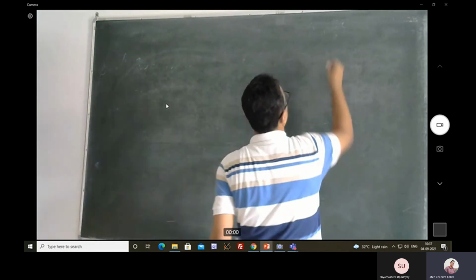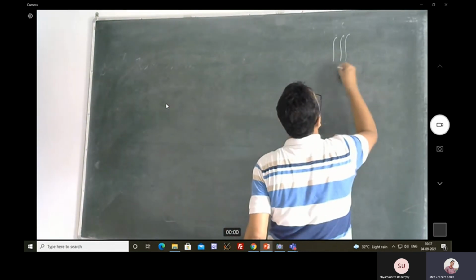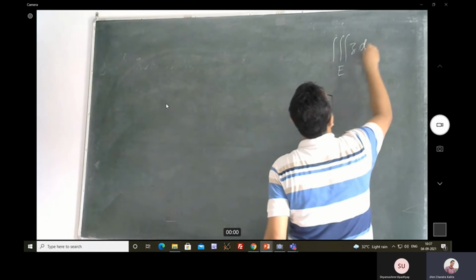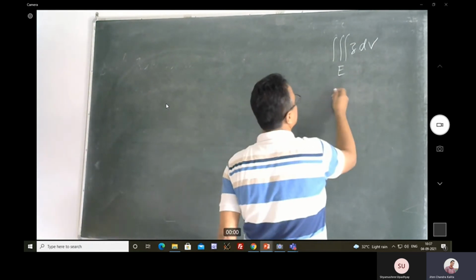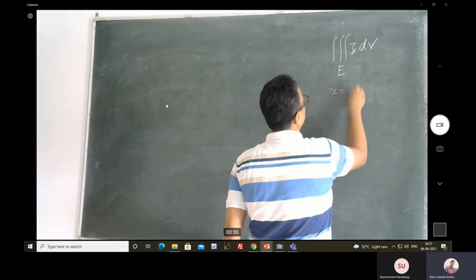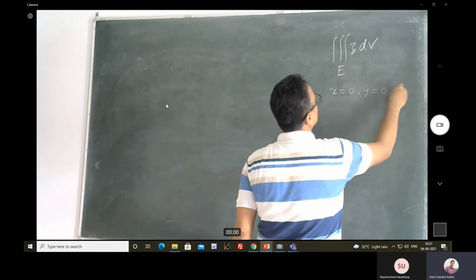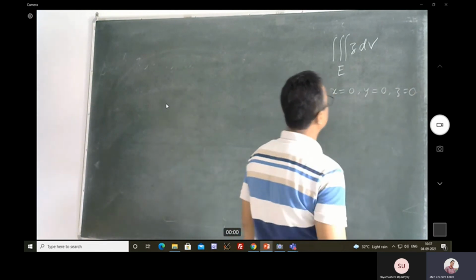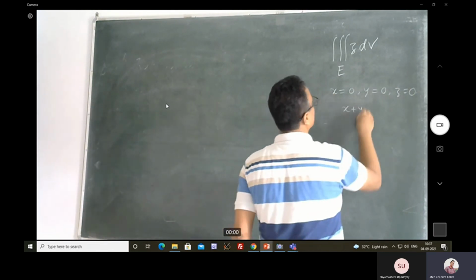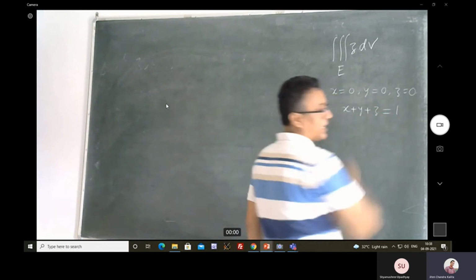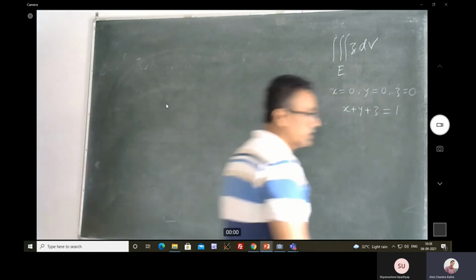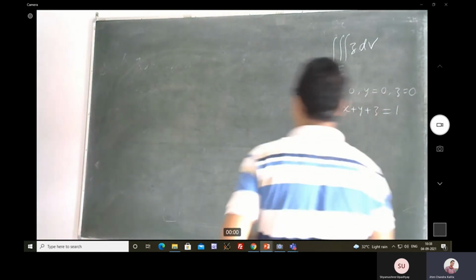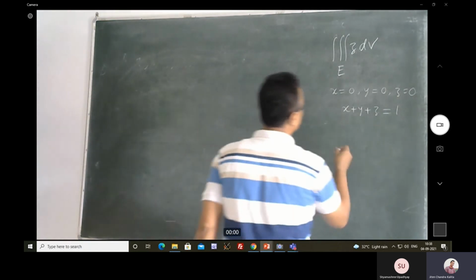What you have to do is evaluate this integral over dV, where E is the region bounded by x equal to 0, y equal to 0, and these four planes. So the situation is going to be something like this.